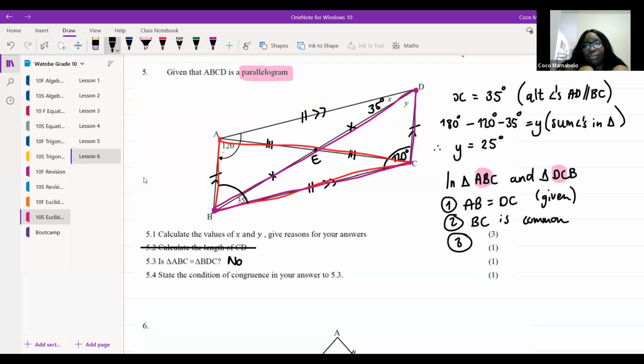Yes, ma'am. We know that this is 25 degrees. So if we add, can we add? No, we can't. So the triangles that they've given us, are they ever going to be able to be congruent? No. We won't be able to do it.